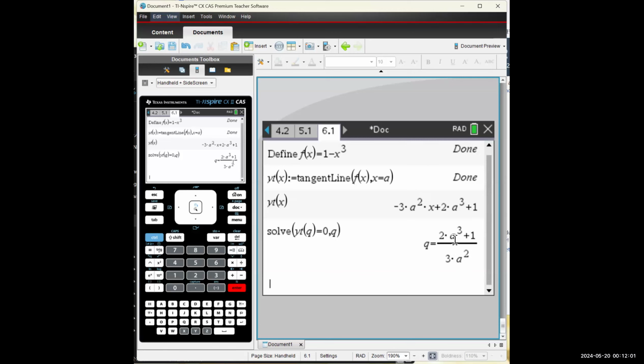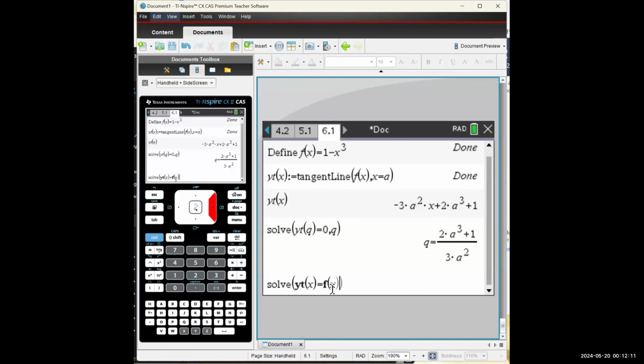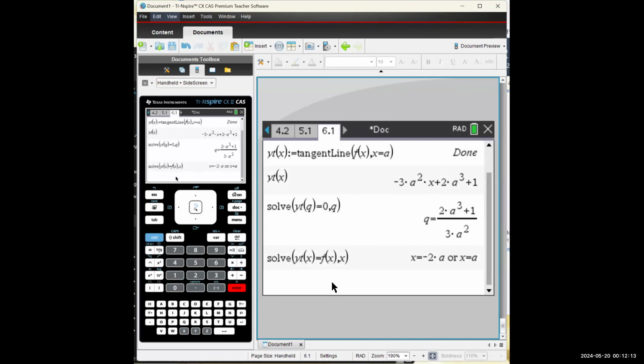And in terms of a, so let's say xq is equal to that. And for the x-coordinate of p, we can say solve yt of x equals f of x, comma, x. So you can get minus 2a and a here, right? So that's pretty much the first 4 marks.